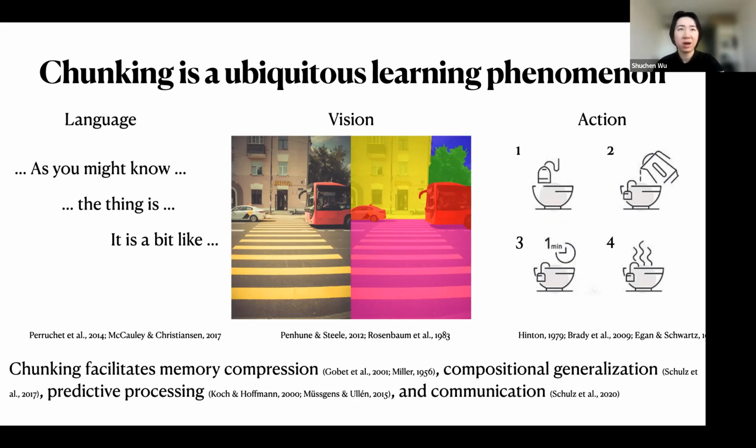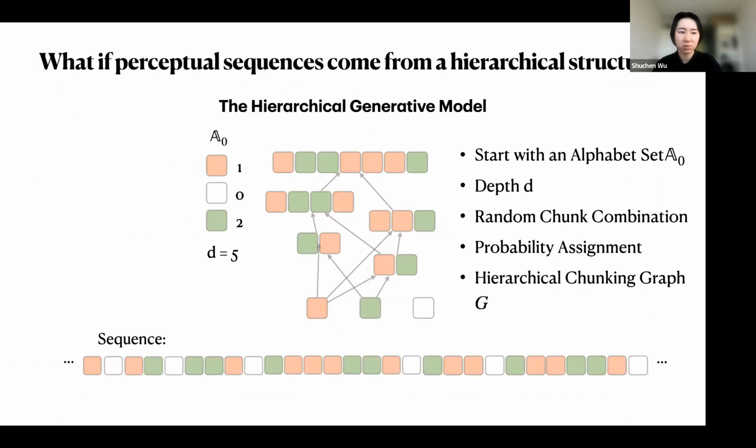So I started to answer this question with a very simple generative model. This generative model contains nested hierarchies. You can think of it as an extremely cartoonized, simplified representation of how the world may come about.